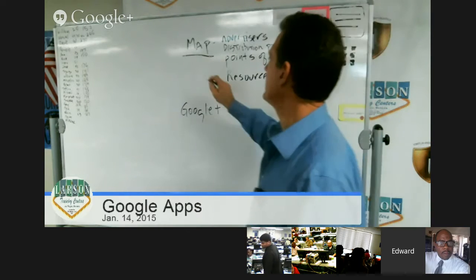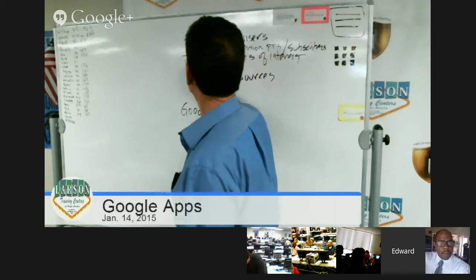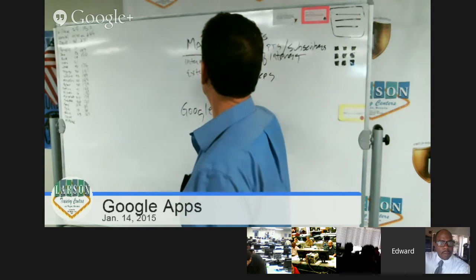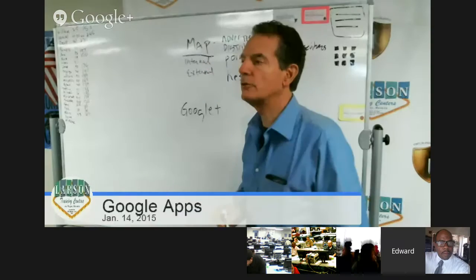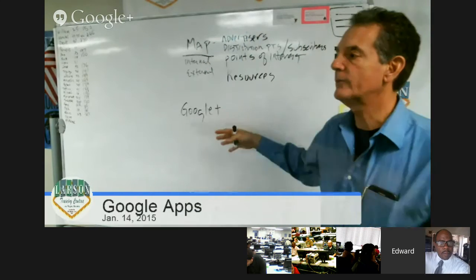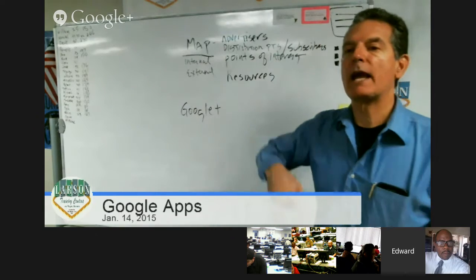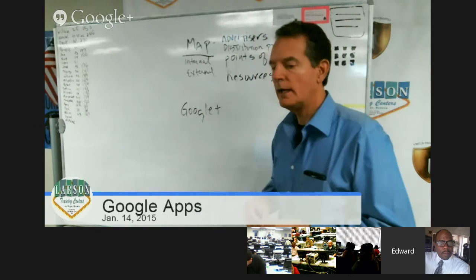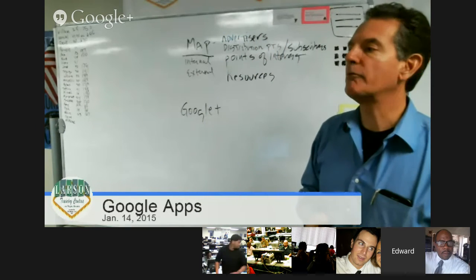So far we have an internal and an external, so we have two maps. An internal map is just for staff, just for the people on the inside of the circle of trust. And then we have a map for everyone else, for the public. And in each map, we can have multiple layers.